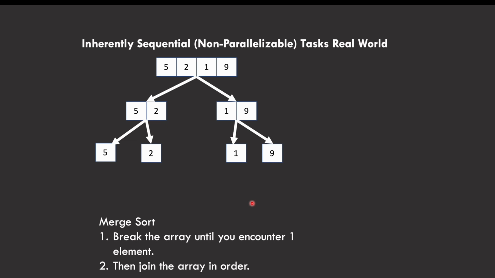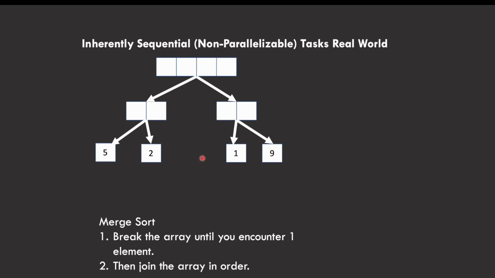Now we can stop. And now the joining of the array happens, and the joining has to happen in order. You can traverse these paths separately, parallelly, but in order to construct the parent array, you have to construct the child array. So that's why this is sequential in nature. And let's look at how the joining happens.